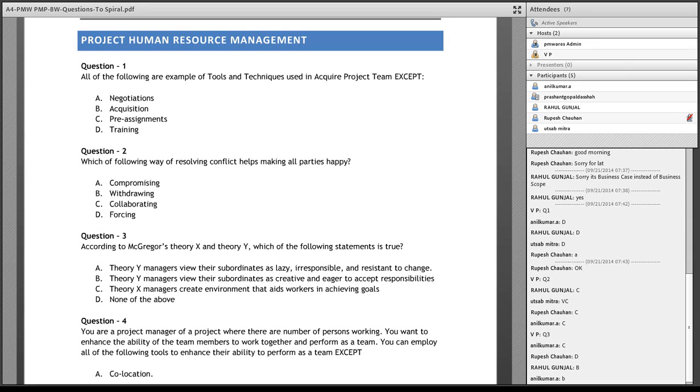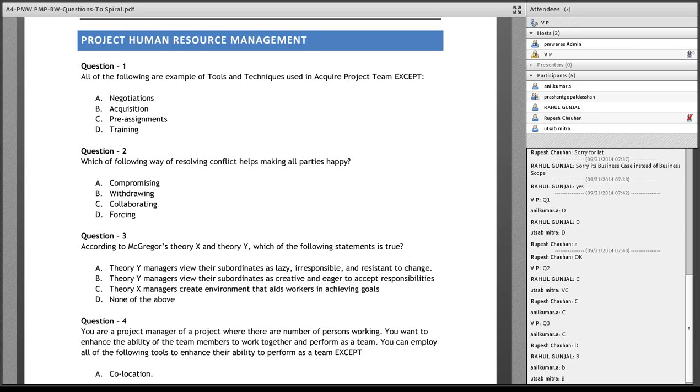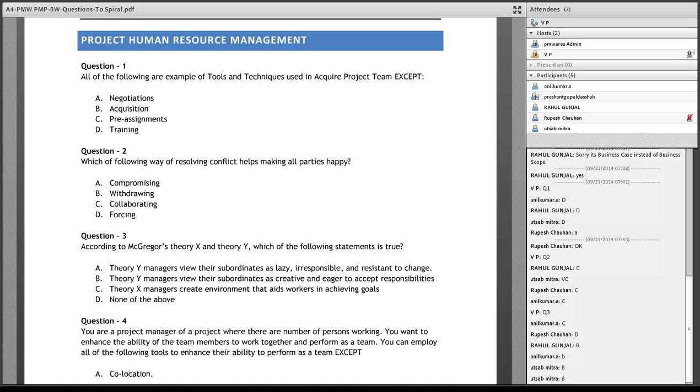According to McGregor's theory X and theory Y, which of the following statements is true? McGregor's theory says that theory X means the person does not want to work, and managers do not trust their subordinates, and theory Y means that they understand that people are creative and want to deliver, just need a little help.